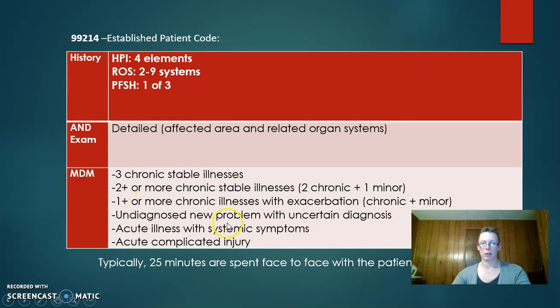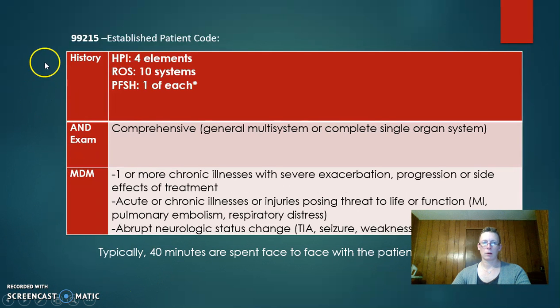The exam, it's more detail of the affected area and related organ systems. Medical decision making, 2 or more self-limiting problems, 1 stable chronic illness, acute uncomplicated illness, again, cystitis or a sprain. And typically, because this is a little bit more, about 30 minutes is spent with the patient and or family.